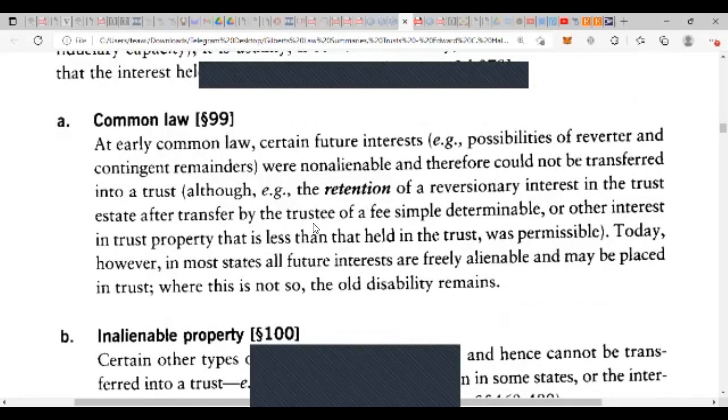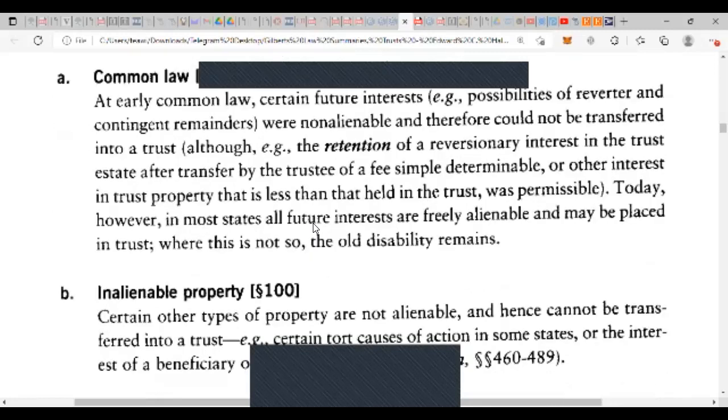A. Common law, Section 99. At early common law, certain future interests, such as possibilities of reverter and contingent remainders, were non-alienable and therefore could not be transferred into a trust, although the retention of a reversionary interest in the trust estate after transfer by the trustee of a fee simple determinable or other interest in trust property that is less than that held in the trust was permissible.